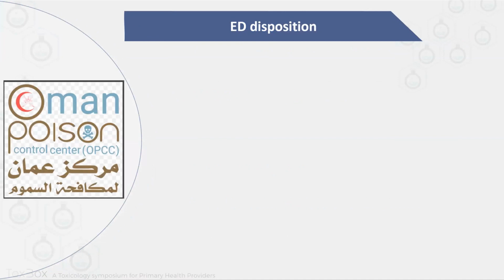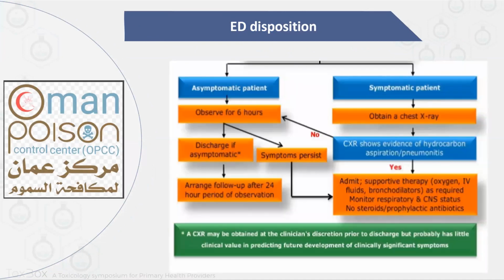So now how will you dispose of your patient? Based on the symptoms of the patient. This is from the Oman Poison Control Center, a very nice protocol. If the patient is symptomatic like our patient because of the tachypnea, we did a chest X-ray in the beginning, so there were no findings. Now just follow the protocol.